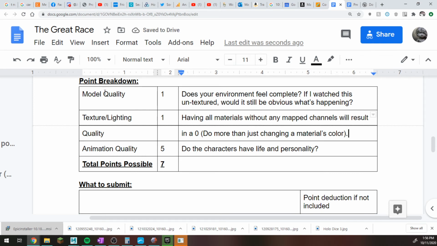So you get a point for model, a point for texture and lighting, and then 5 points for the animation and quality. For this, part of that is whether the motion is physically plausible. The other part is how successful the story itself is. So I'll be dividing that roughly half and half with the animation grading.